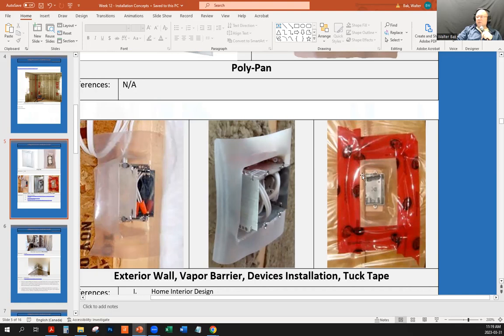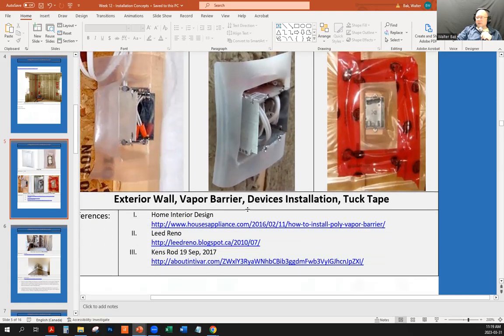Or if the vapor barrier was already installed, then you're going to have to make sure yourself that the vapor barrier is intact again after being disturbed. So again, here are the poly pans, and we only need to use them when we're dealing with the vapor barriers.